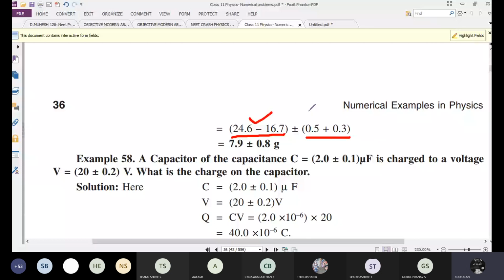So mean absolute error is del A plus del B, so 0.5 plus 0.3. You can use this formula. Take notes.